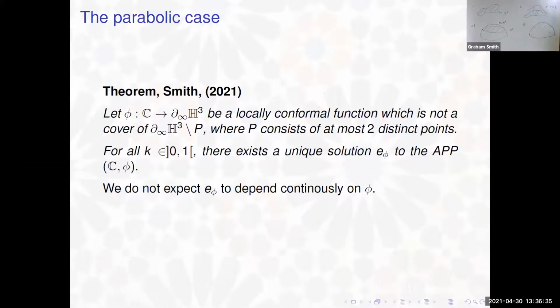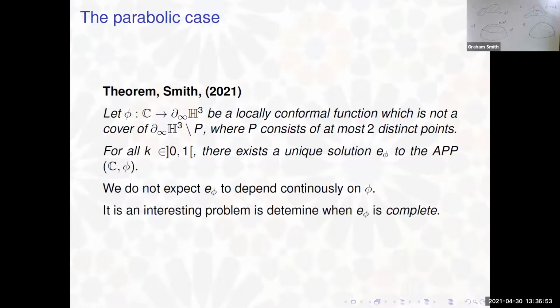And I suspect that the solution E phi does not depend continuously on phi, but it would be nice to find examples where you have a family of conformal functions varying continuously whose solutions do not vary continuously.